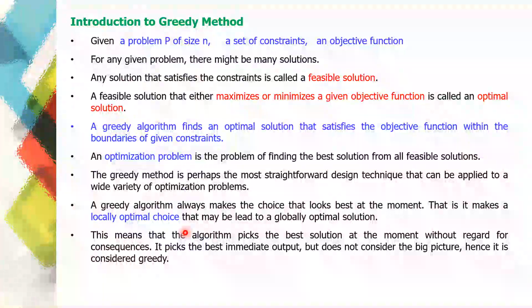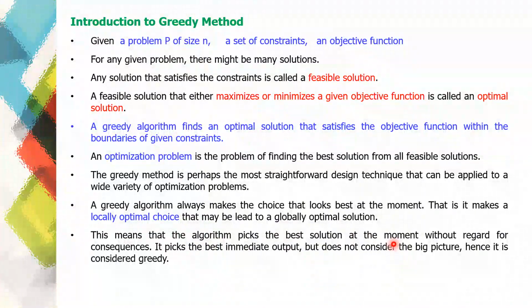So a greedy algorithm always tries to find locally optimal solutions, assuming that finding a locally optimal solution may give me a globally optimal solution. This means your greedy algorithm always picks the best solution at the moment. At this moment, I'm not going to consider the past, and I'm not going to consider the consequences in the future.